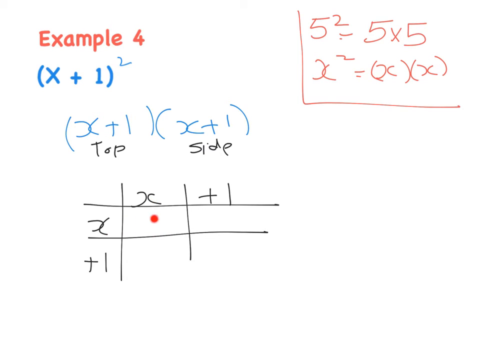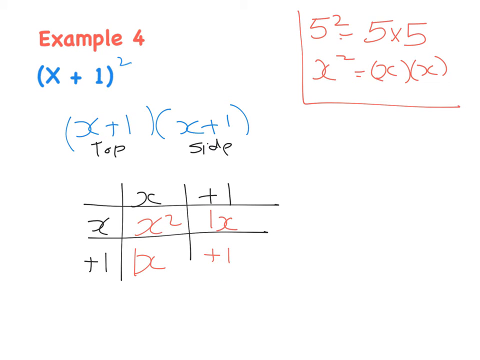X multiplied by x gives me x squared. X multiplied by 1 gives me 1x. 1 multiplied by x gives me 1x. And I can write it as x or 1x, whichever you're more comfortable with. And then the last one is 1 multiplied by 1 gives me just plus 1.